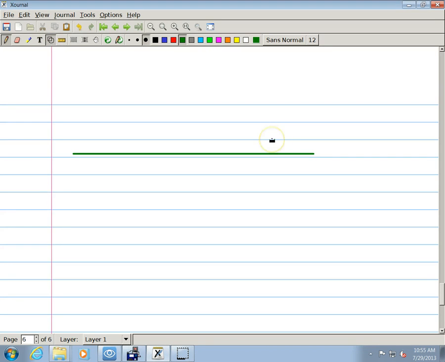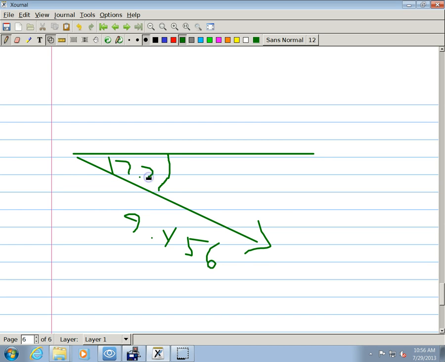All right, but remember, we're going this way at a certain magnitude, let's say roughly 9.456 units of force in that direction. Okay? And the angle here is, what was it, 17.345 degrees, right?